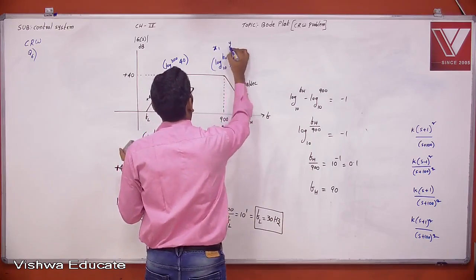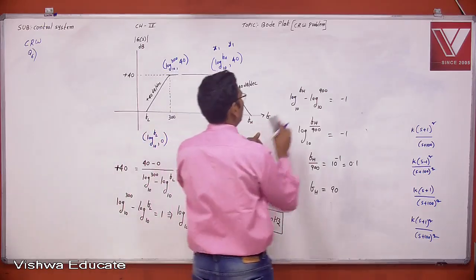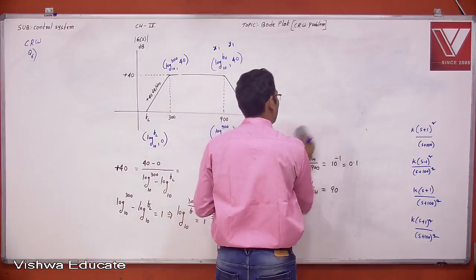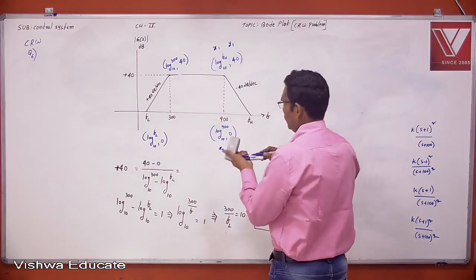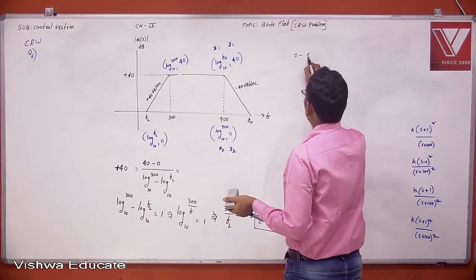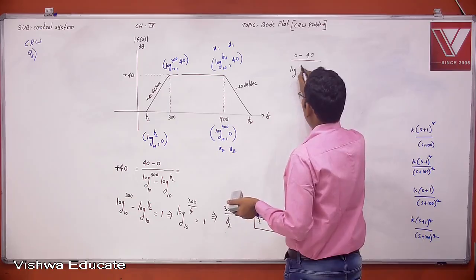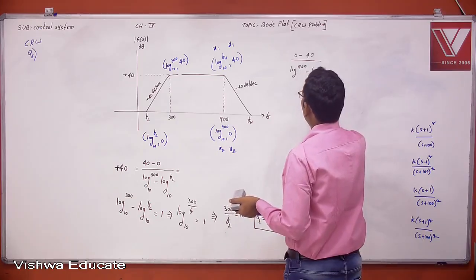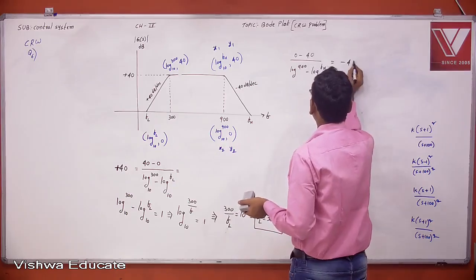Okay, now I'll take x1, y1, x2, y2. Then what should be the small change? The small change here, because that is a falling slope, is y2 minus y1, 0 minus 40, by x2 minus x1, log 900 minus log FH, which is equal to minus 40.